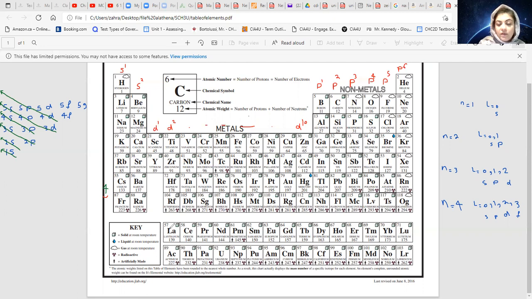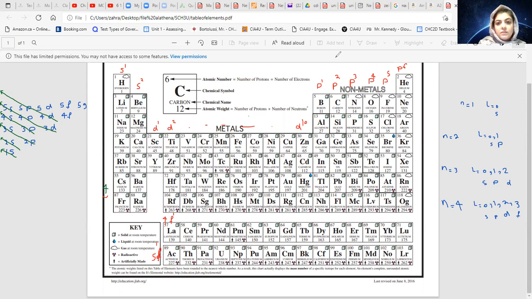And this one for f, it's 1, 2, 3, 4, 5, 6 period. It's going to be 6 minus 2. For this one, it's ending at 4f1. Here ending 5d, for 5f1. This is 4f2, 4f3, 4, and until here, 4f14 is filled.